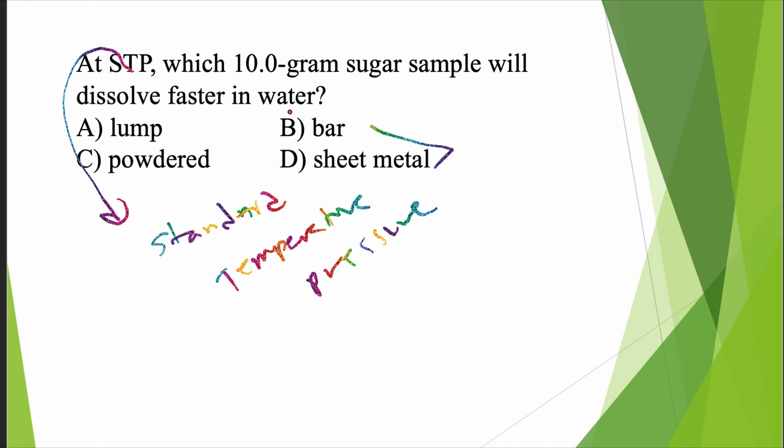So the only possible responses could be A or B. And think of when you have a sugar cube in water. Which one will dissolve faster, the sugar cube or the crushed particles? Okay, so the answer would be powder. If you put powdered sugar in water, that would actually dissolve a lot faster than a sugar cube.